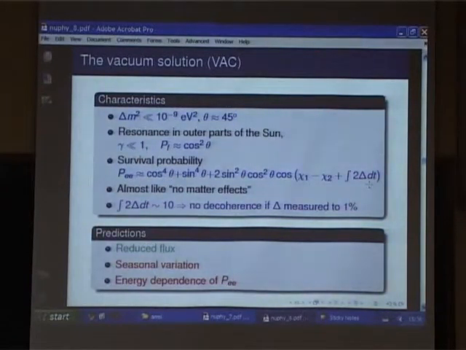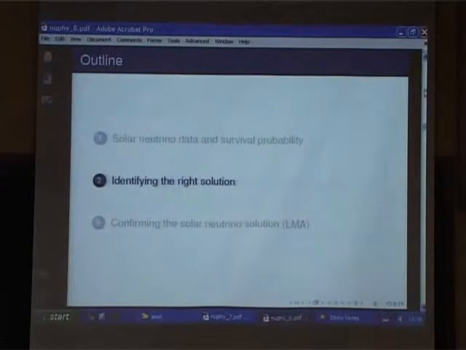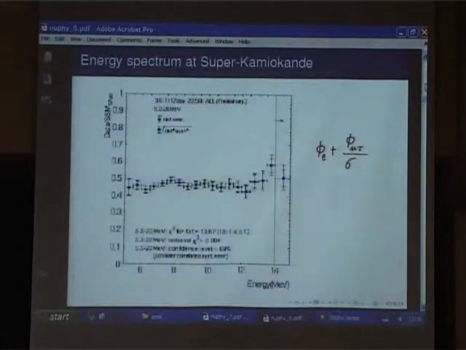However, if you remember the data of spectral dependence, there didn't seem to be any change in energy. Energy dependence was almost non-existent. So if this term was present, then we would observe some sharp energy dependence, which goes as delta m square by 2E.